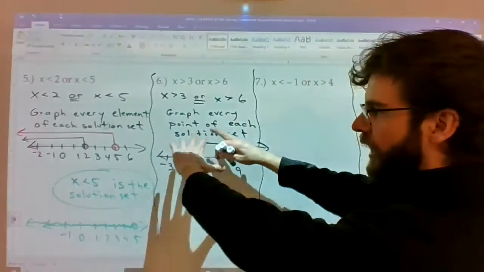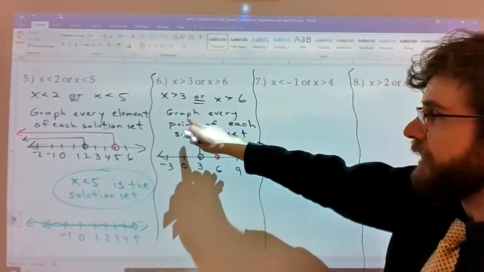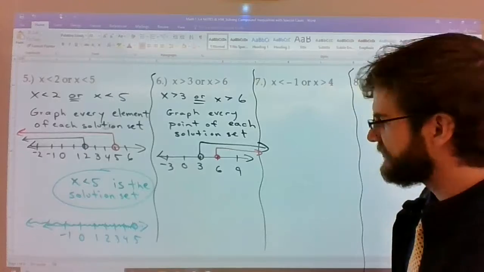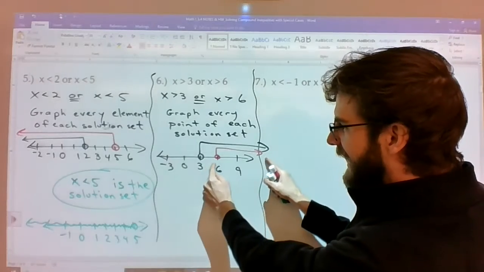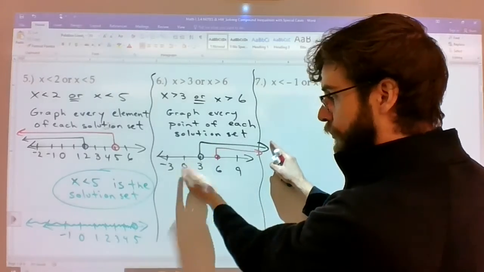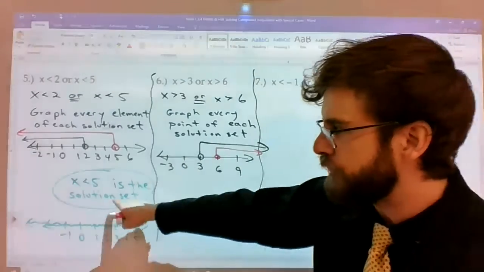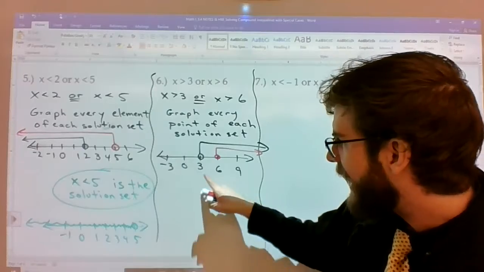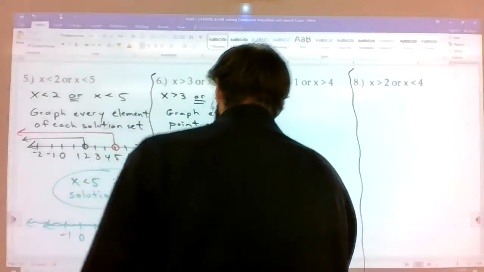So you can summarize this entire graph, if you're saying graph every point of each solution set, by saying, hey, if everybody in the 6 is already in the x is greater than 3, I can just reduce this solution set down to x is greater than 3.